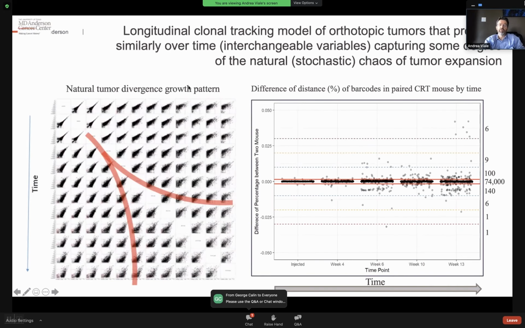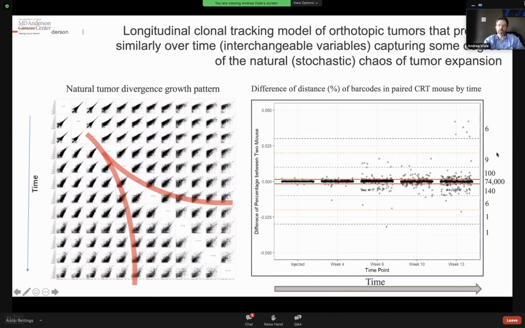Specifically, what we found is that we can use these animals as interchangeable variables, so we can really reconstruct the evolution of the tumor, capturing also some degree of natural divergence in the tumor over time.